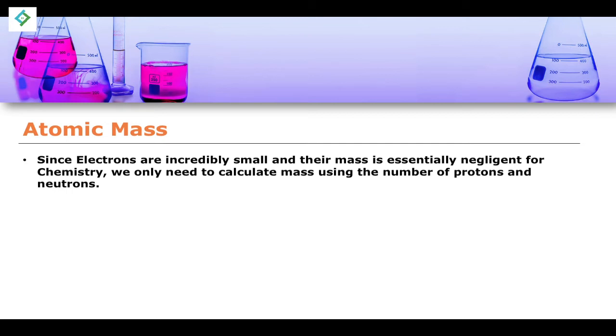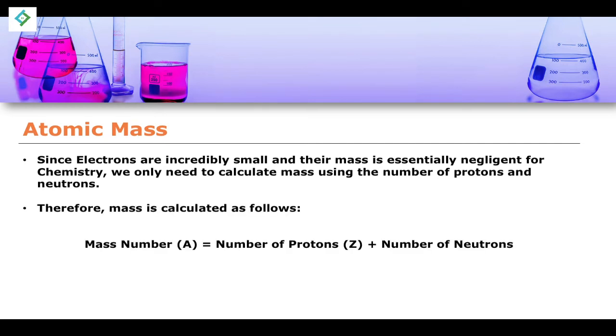We only need to calculate the mass of the number of protons as well as the number of neutrons. So we can come to the conclusion that the number of protons, which we represent as Z, plus the number of neutrons is equal to the mass number.